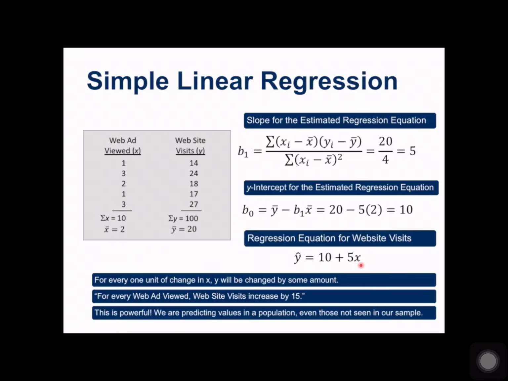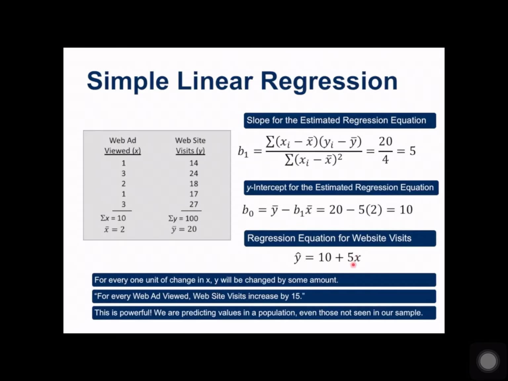And now any value that I select for my independent or predictor measure could be put in here. And we would be able, in this case, to look at how web ads viewed relate to eventual site visits. That's the model that we just predicted. And the interpretation of that would be for every unit change in the independent variable x, y will change by some amount. You can see that here just intuitively.